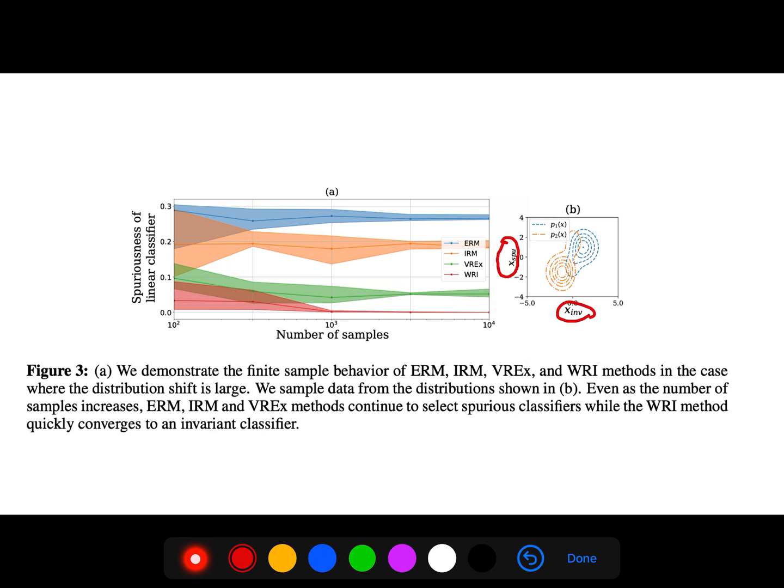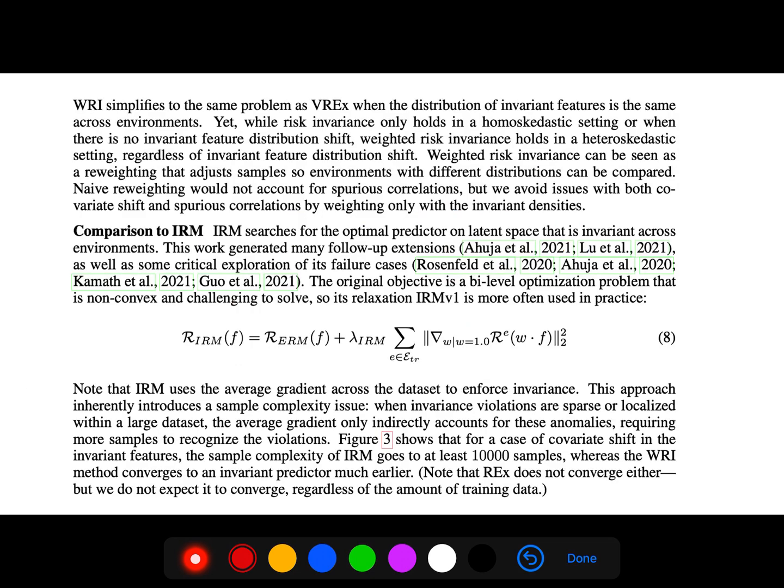So WRI, the red one, you see that it quickly converges to the invariant classifier. And they compare it with IRM, which searches for the optimal predictor in latent space.